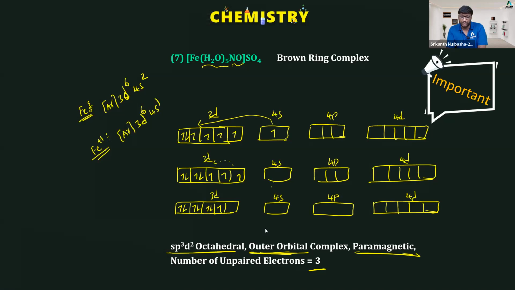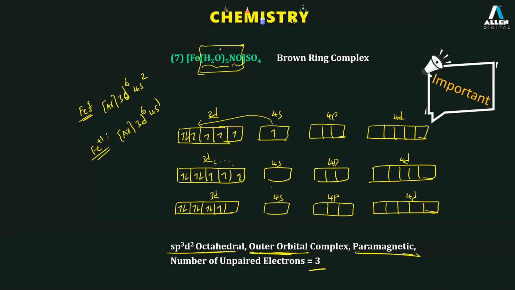4s is empty, 4p empty, 4d is also empty. We require how many vacant orbitals in the metal? 6. We require 6 vacant orbitals in the metal to accept the 6 into 2, 12 electrons from the ligands.